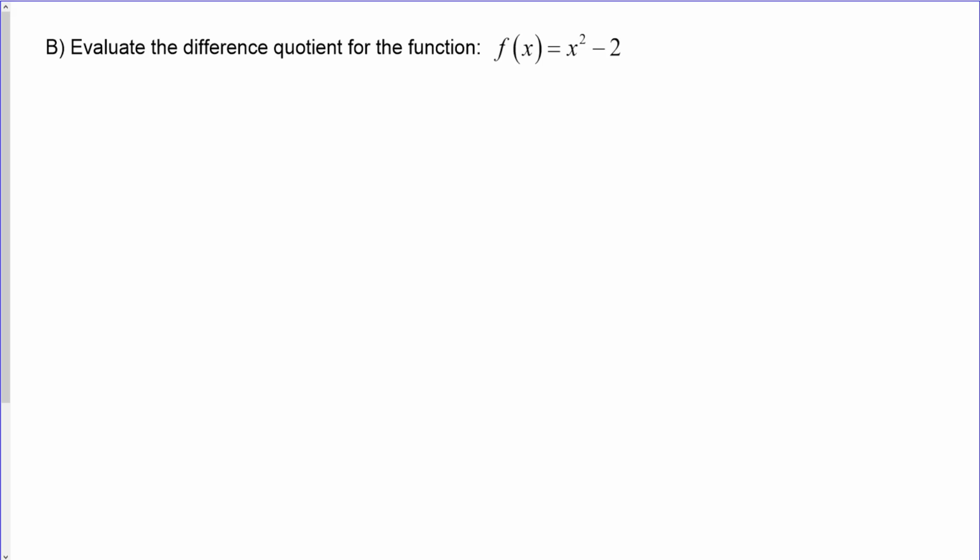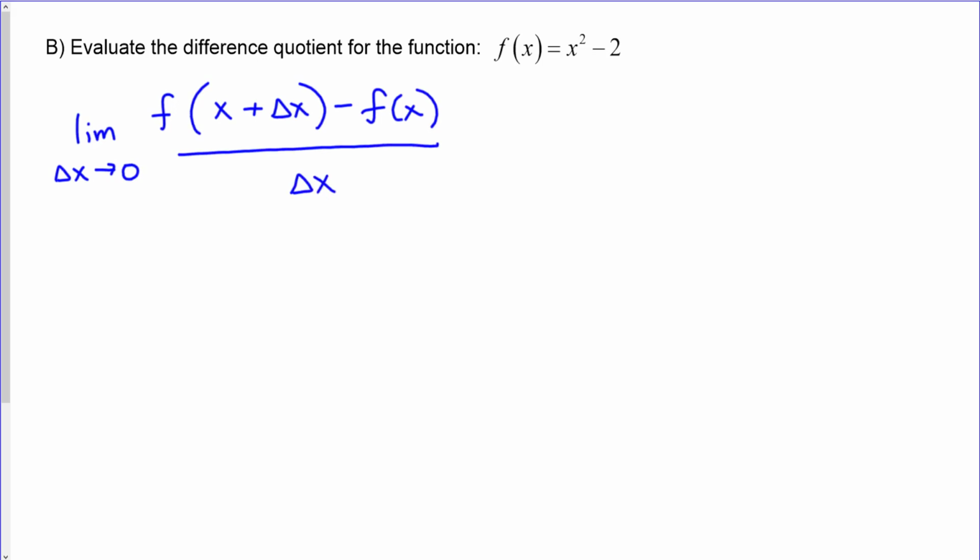So the difference quotient is the limit as delta x approaches 0 of f of x plus delta x minus f of x divided by delta x. Let me go off to the side and figure out what f of x plus delta x is. So I'll just come off over here.